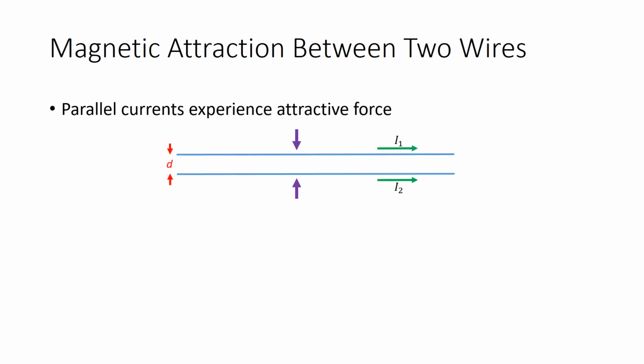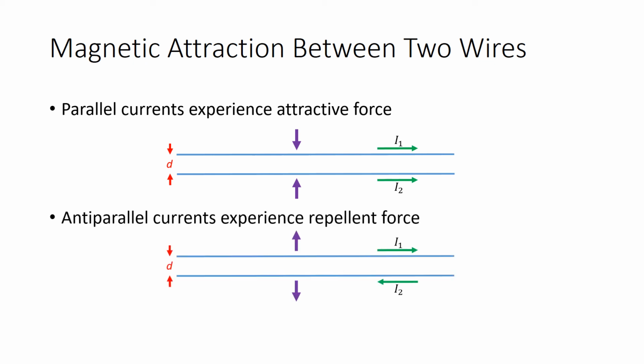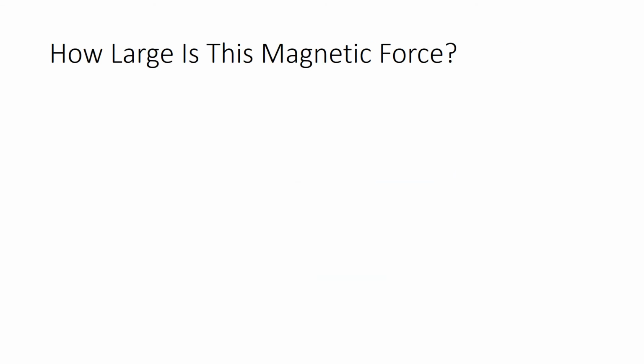This means that parallel currents, that is, currents flowing in the same direction in parallel wires, experience attractive force. The wires are drawn together. On the other hand, anti-parallel currents experience repellent force. That is, the wires are forced apart. But how strong are these magnetic forces? We can get an idea by looking at a specific example.